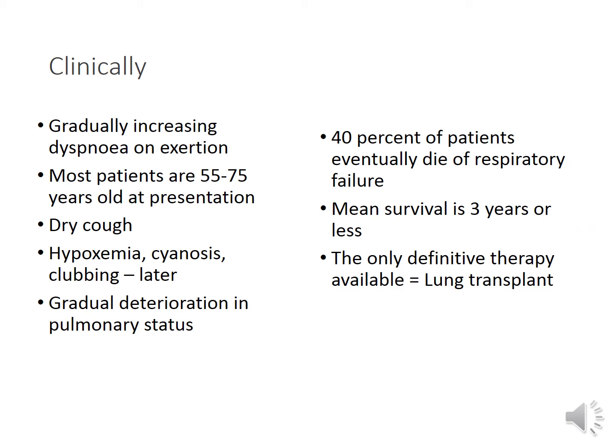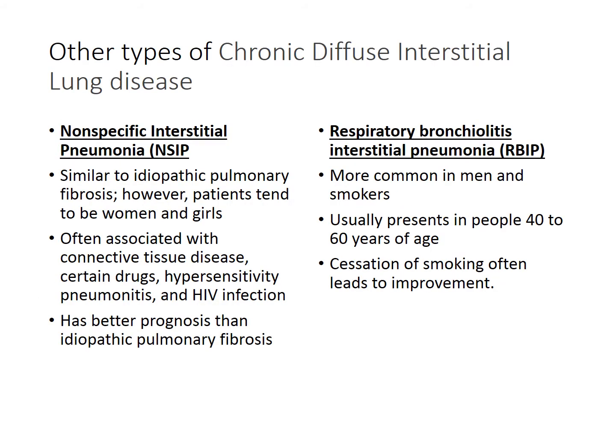Hypoxemia, cyanosis, and clubbing are seen later in the clinical course. There is gradual deterioration in pulmonary status, and around 40% of the patients eventually die of respiratory failure. There is no way to remove this fibrosis, so the definitive treatment is lung transplant.